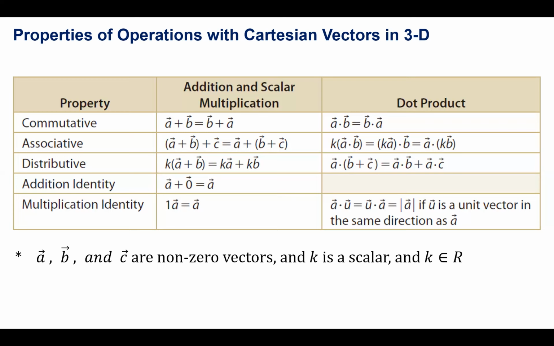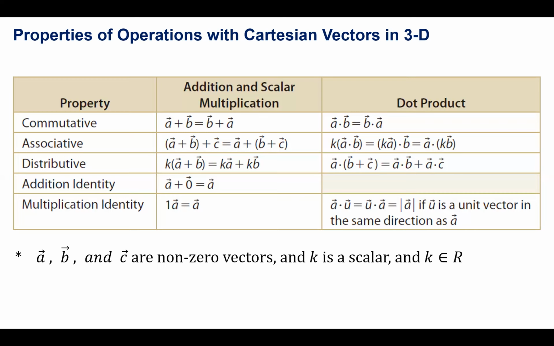Next, we have the associative property, which means first, for addition, we can apply the addition of vector A and B first, then plus vector C. This is equivalent to finding the sum of vector B and C first, then finding the sum of vector A with the sum of vector B and C. You can change the order of the operations.